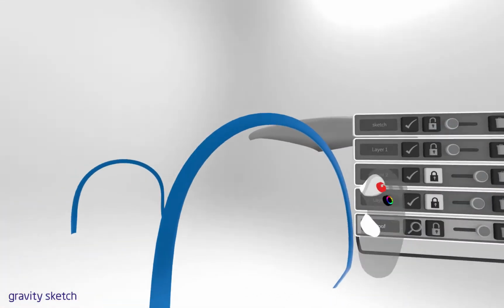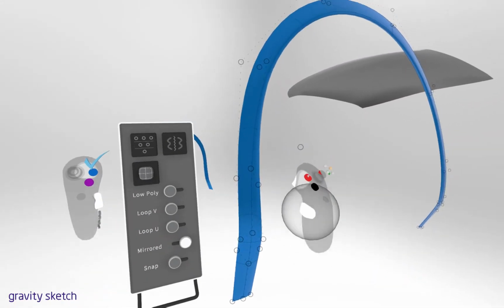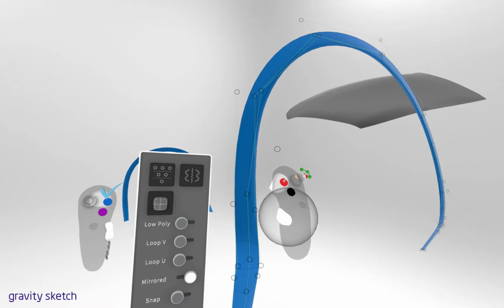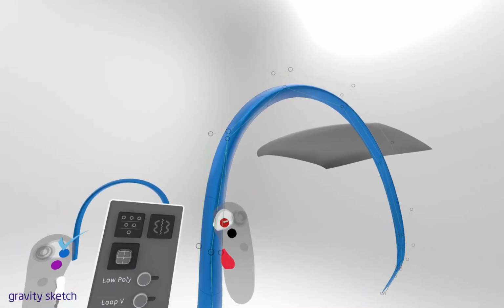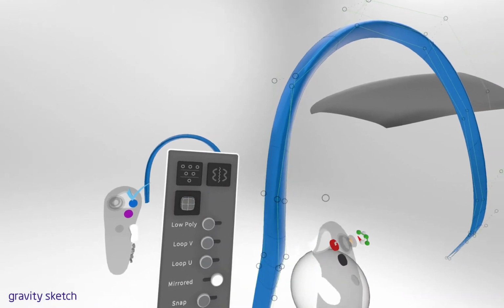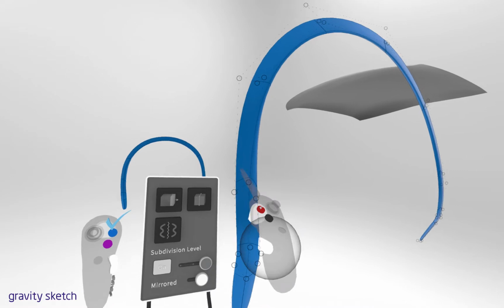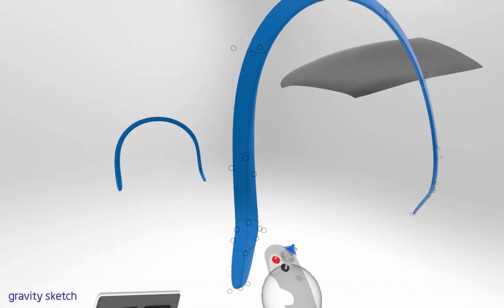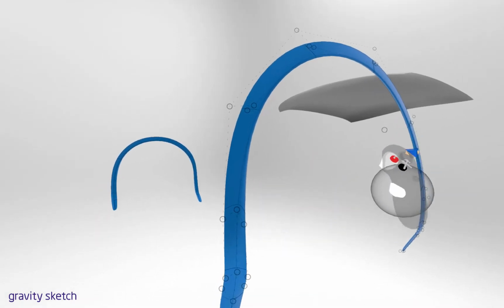Let's just hide the sketch. This is a traditional NURBS surface that's made using Gravity Sketch's original tools. You can see you can grab those loops and stuff like that. But what I'm going to do is convert that to a subdivision model. So you'll see it keeps the vertices in about the same place and keeps a similar surface there.